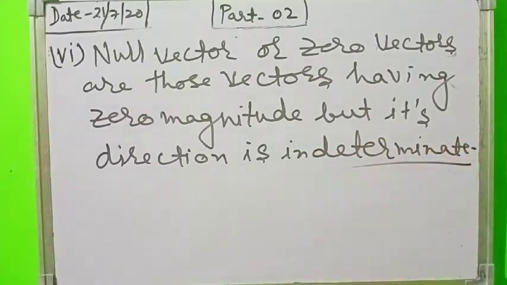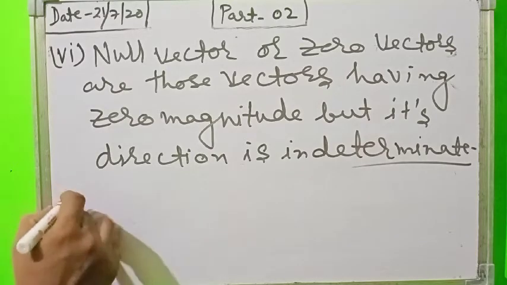Direction is indeterminate means you cannot determine their directions, but magnitude wise it has zero magnitude.